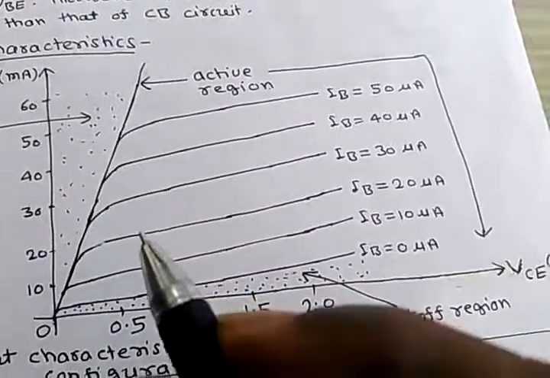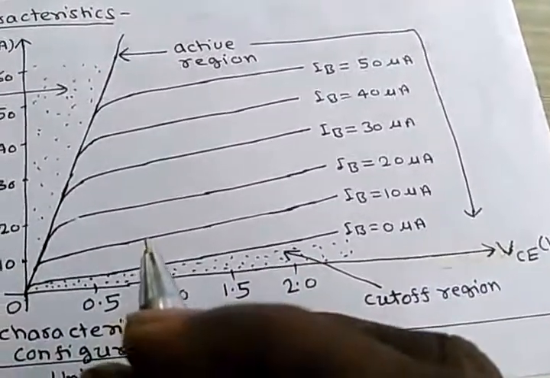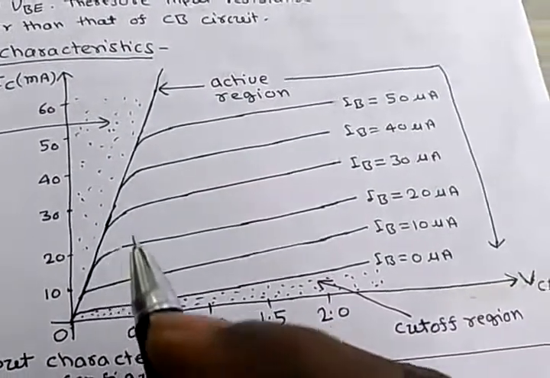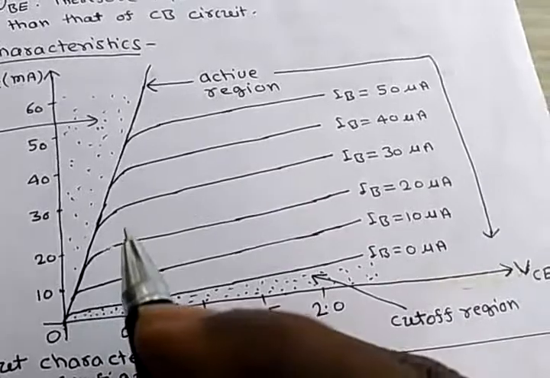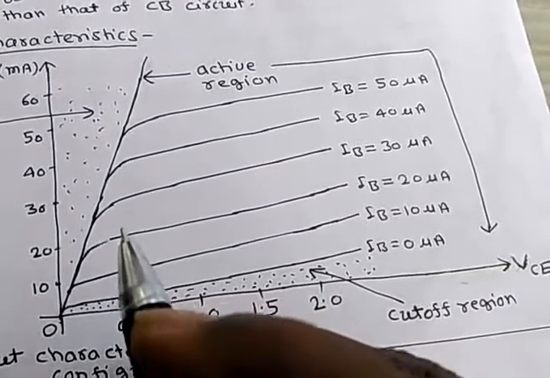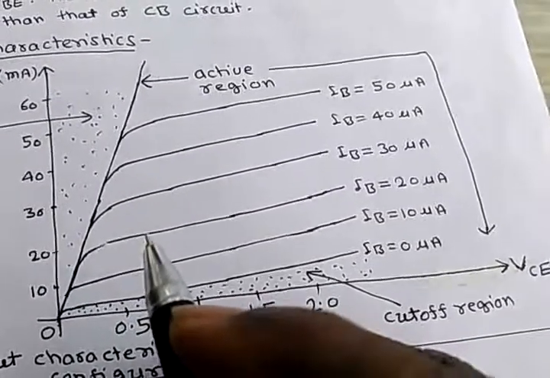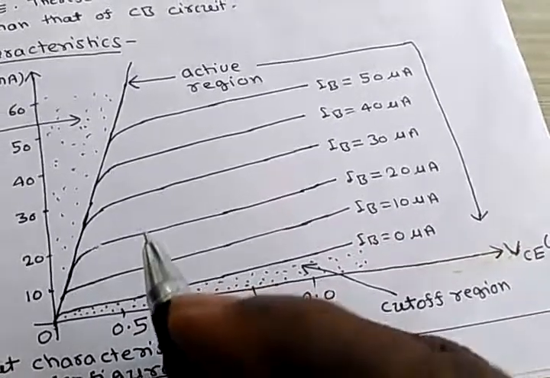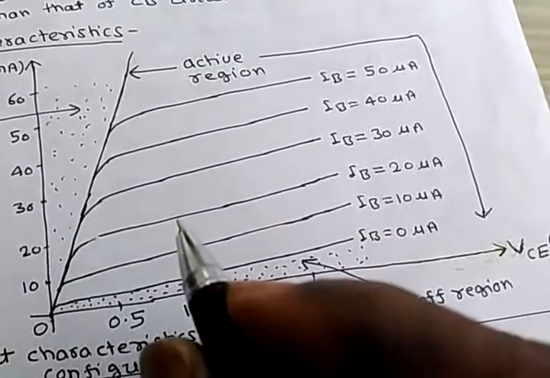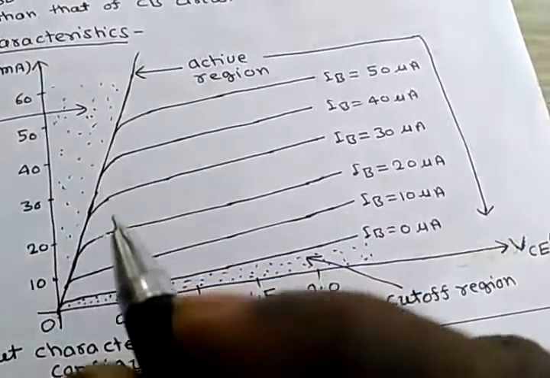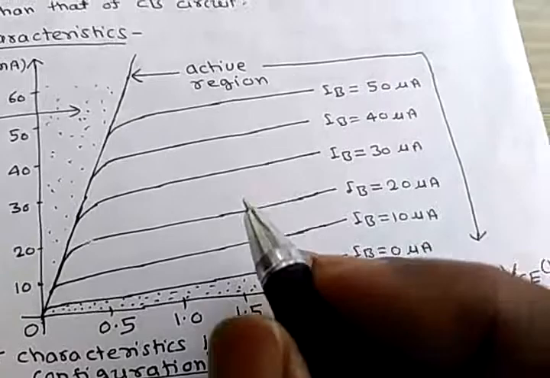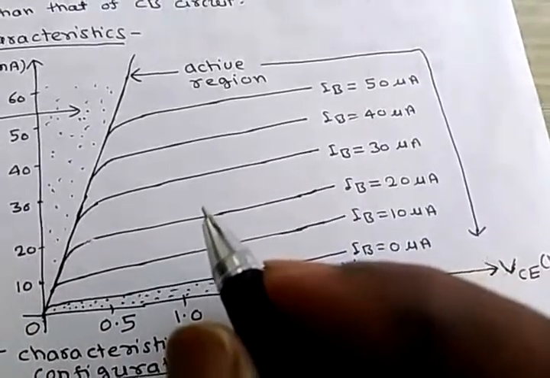It means if we increase the collector to emitter voltage, the collector current will change by a large amount in comparison to the change in the common base configuration. So output resistance in case of common emitter amplifier is lower than output resistance of the common base amplifier.